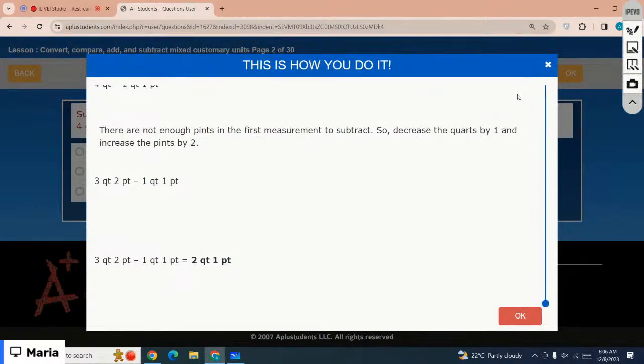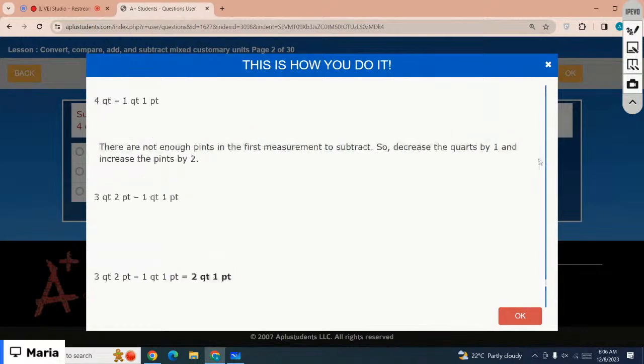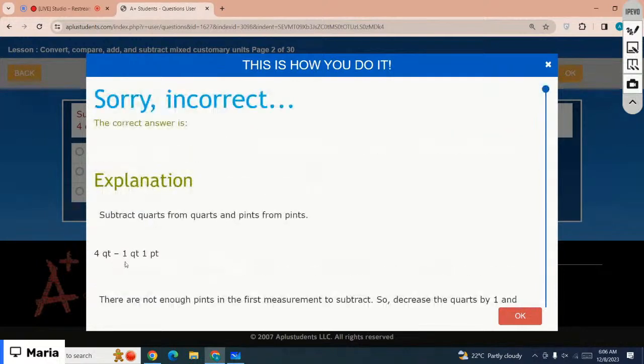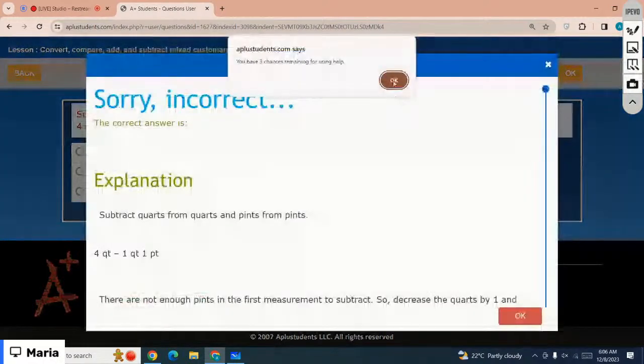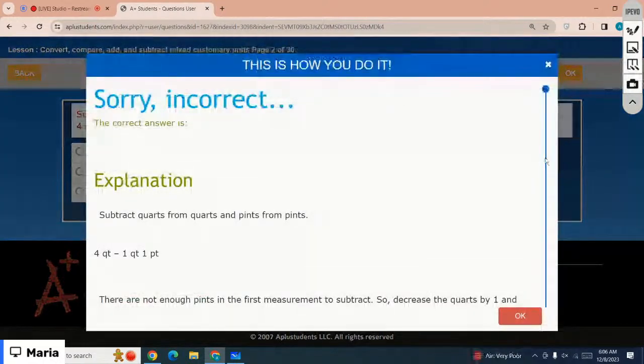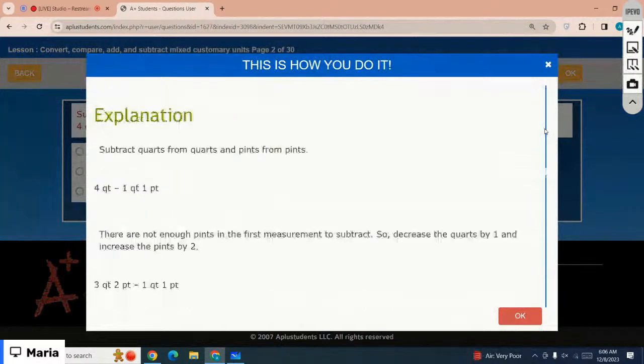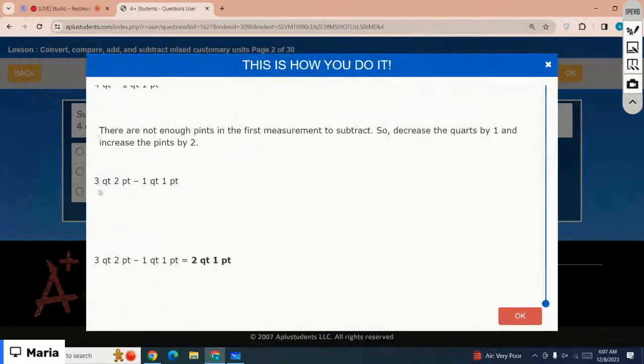Okay. So you can see here, you have 4 quarts minus 1 quart, 1 pint, right? You don't have any pints in the first one. You have 4 quarts, right? So you can write 4 quarts equal 3 quarts and 2 pints, because 1 quart equals 2 pints.